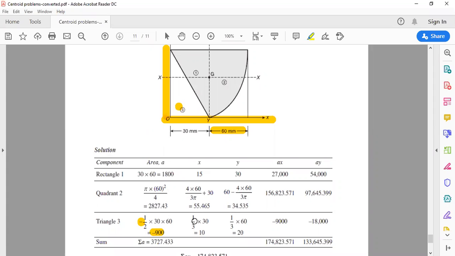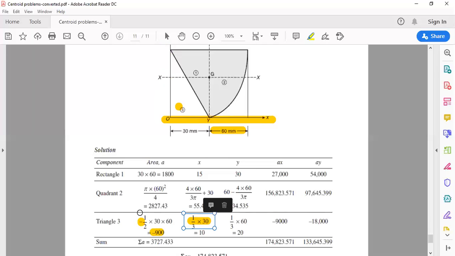Next, I want y bar of the individual right angle triangle, and the distance between the reference x-axis and the centroid is measured from the base of the triangle. So this distance is also 1/3 of 60, because the vertical distance is 60. So it is 1/3 of 60 measured from the base of the right angle triangle.